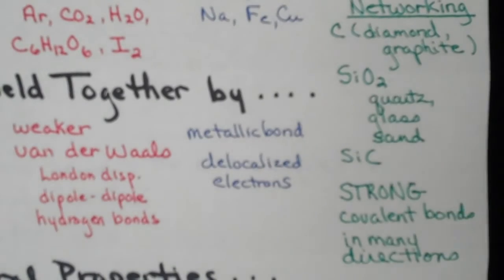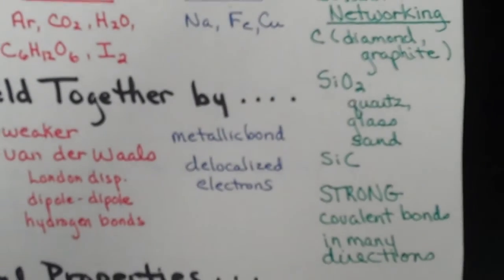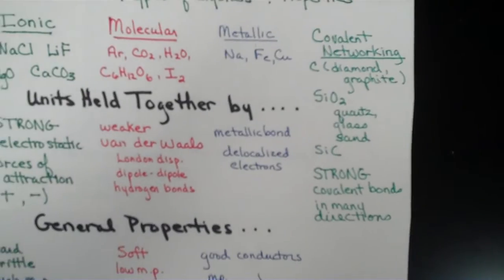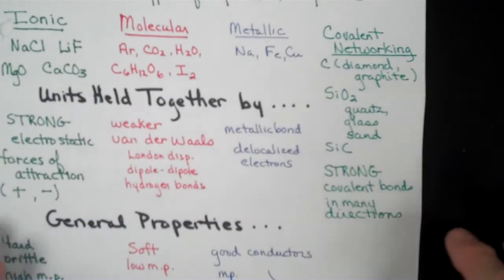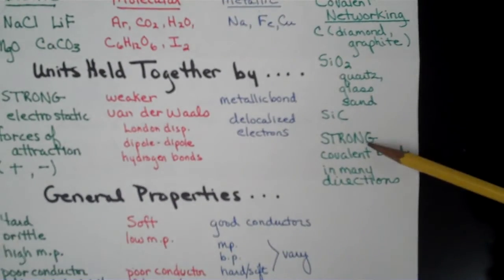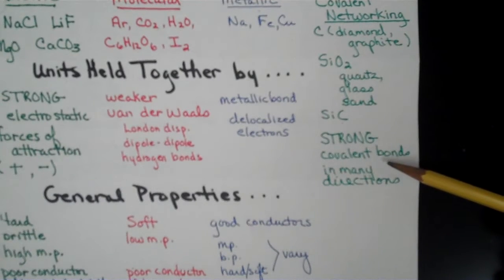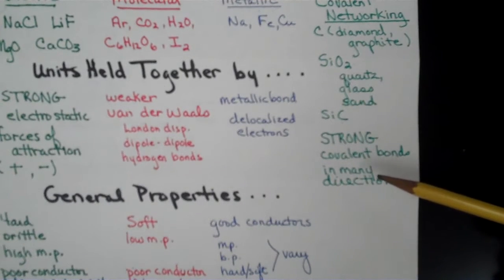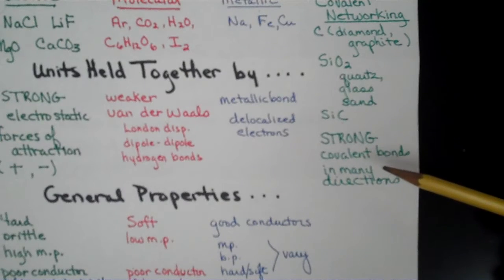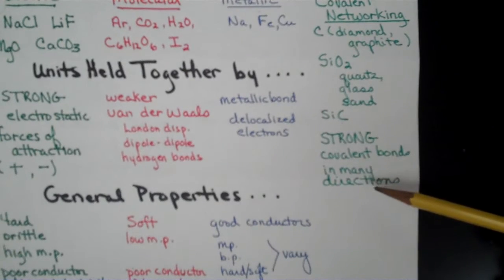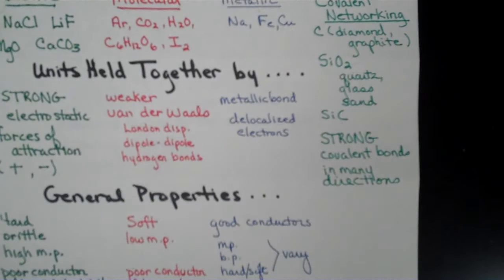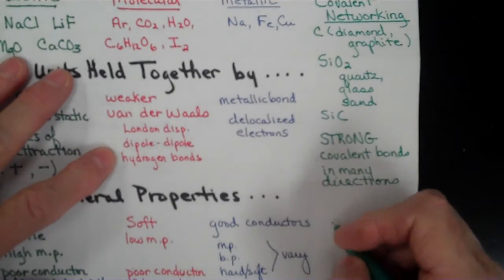They are all held together by strong covalent bonds, and because of the tetrahedral arrangement, sp3 or sp2, the bonding is directed in many different directions, which gives it hardness. General properties then: these are going to be poor conductors.